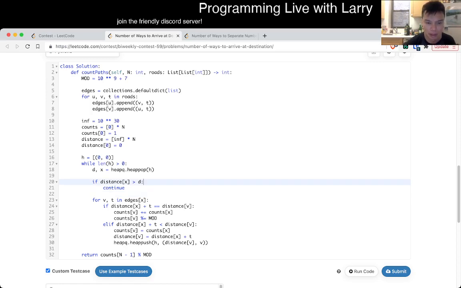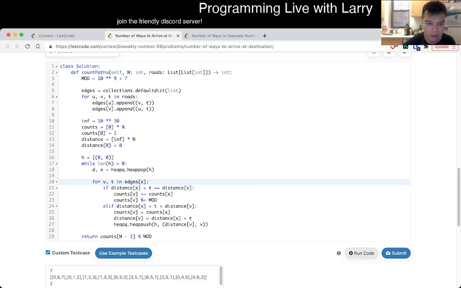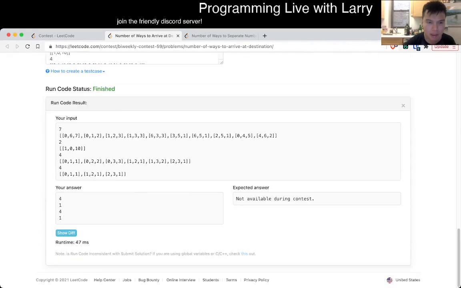Trying to think whether this one makes sense. I should have maybe tried it. I don't think it changes anything.